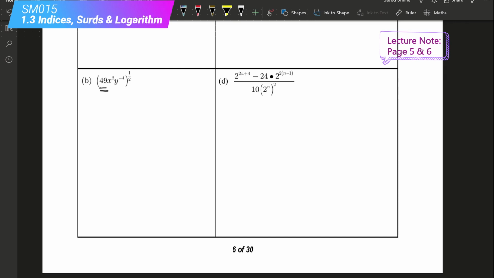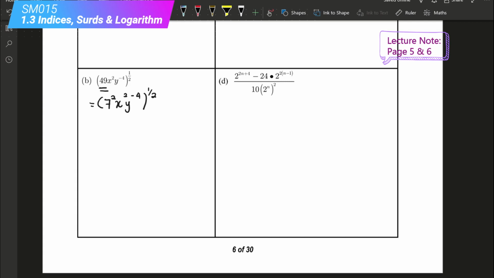So the lowest base for 49 is 7. So here we solve first. It will become 7 squared x squared y to the power of negative 4, raised to the power of half.